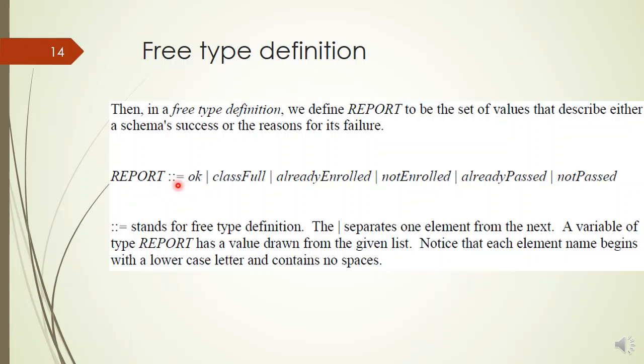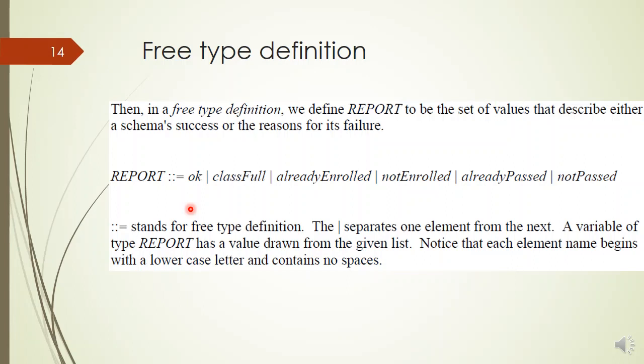So any type which is declared with two colons and an equal sign stands for a free type definition, and free type contains few values.